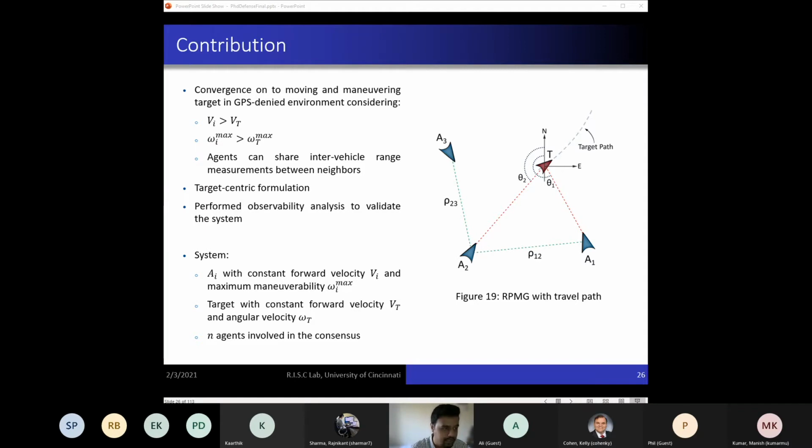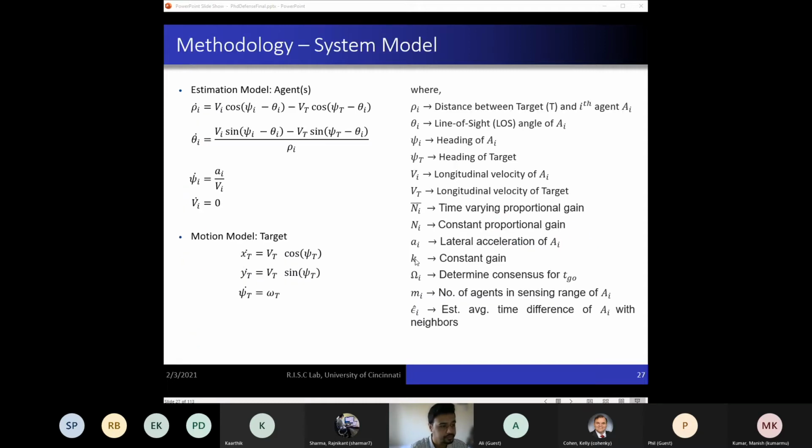This problem is formulated in a target-centric formulation. This obviates the need for additional frame transformations. Finally, we performed observability analysis to come up with conditions under which our algorithms will work.